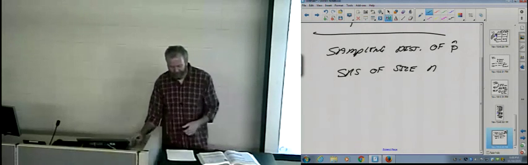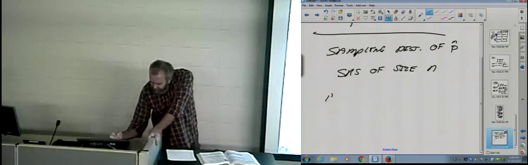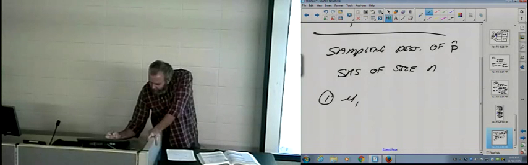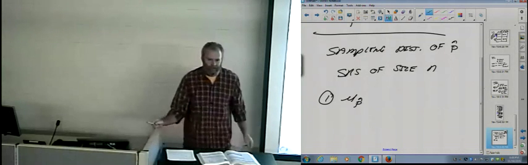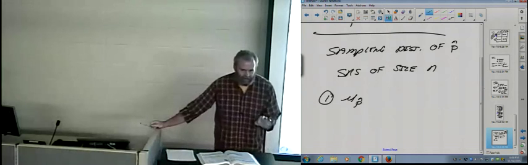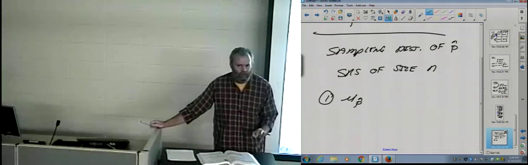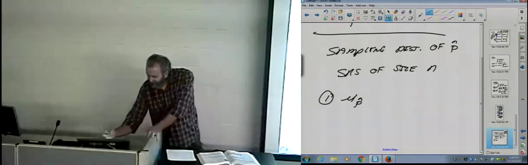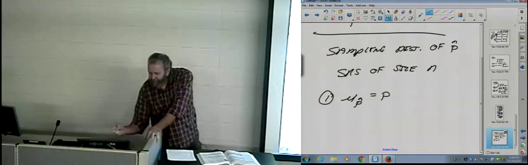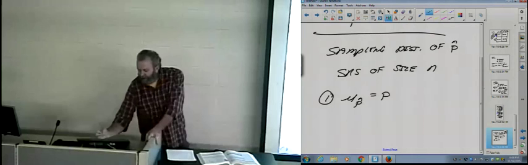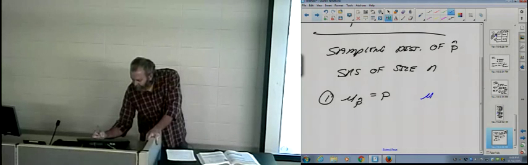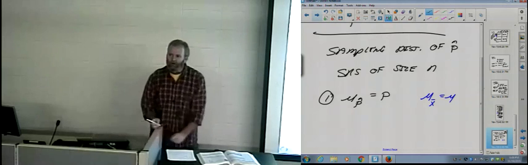And then it says the following. Number one, the mean. You remember I subscripted the mean with x bar before when we were talking about the sampling distribution of x bar? You're not looking at that one. You're looking at the sampling distribution of p hat. It's exactly p. What I told you before is this. Got to change colors.